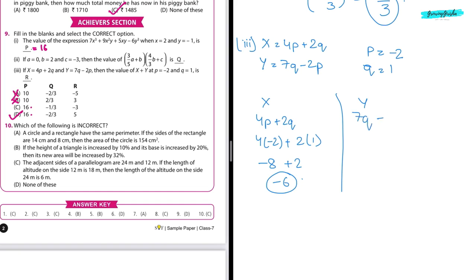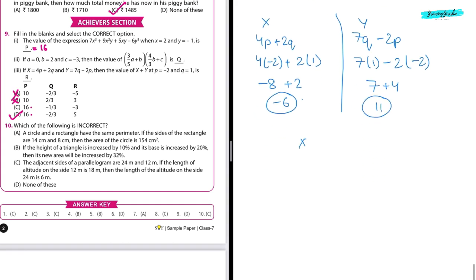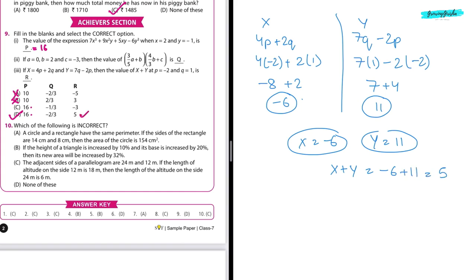Y is 7q minus 2p. 7 bracket 1 minus 2 bracket minus 2. 7 minus 2 into minus 2 plus 4. 7 plus 4 is 11. X is equal to minus 6 and y is equal to 11. X plus y is equal to minus 6 plus 11 which is 5, which is in option D.